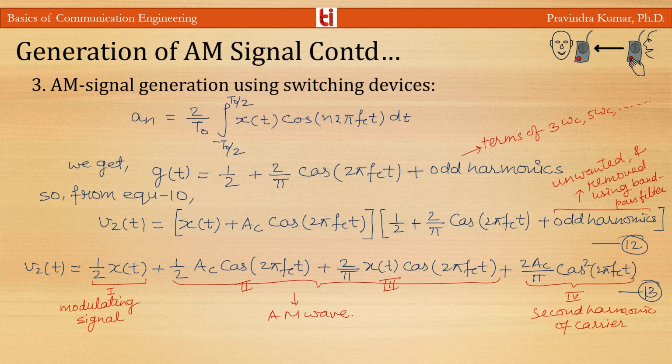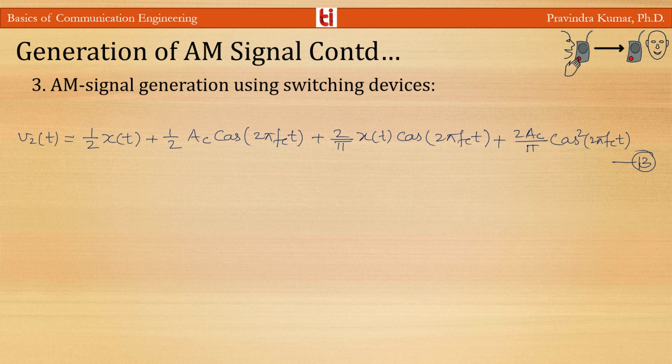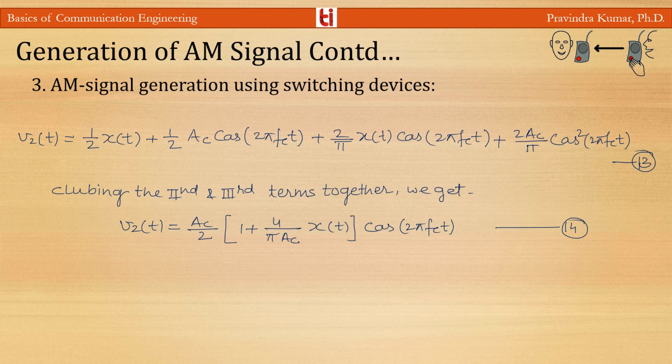The unwanted terms can be eliminated using a band pass filter. Now clubbing the second and third terms together, these are the AM waves, and we get V0(t) = Ac/2 [1 + (4/(pi Ac)) x(t)] cos 2 pi fc t.